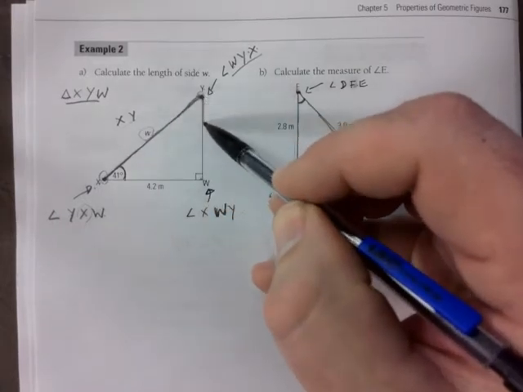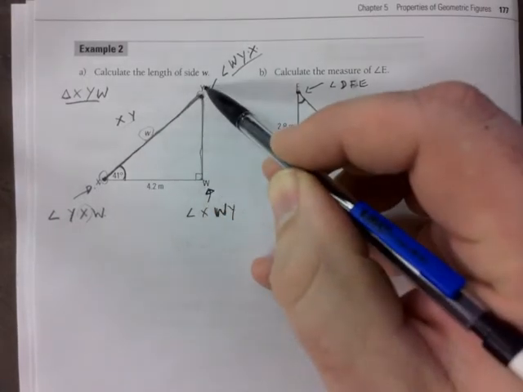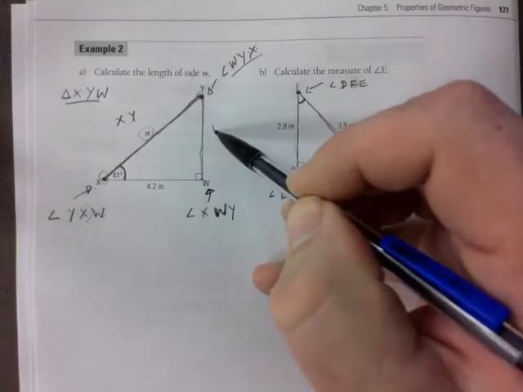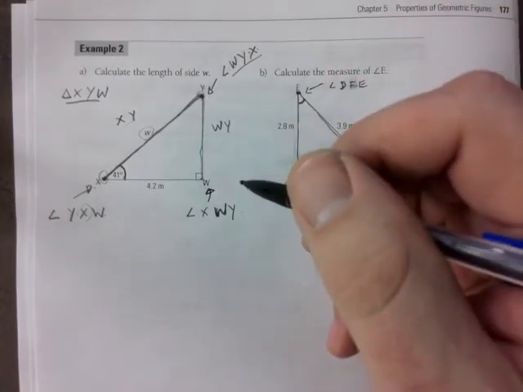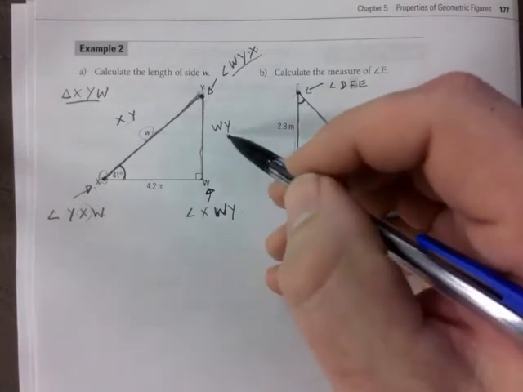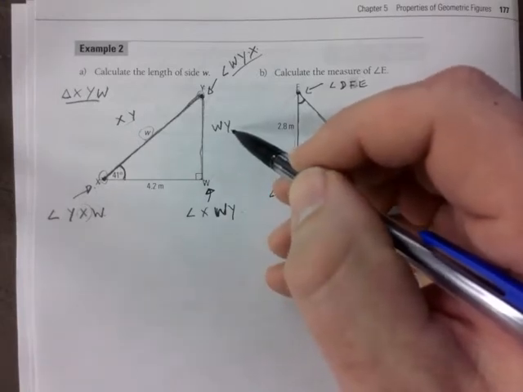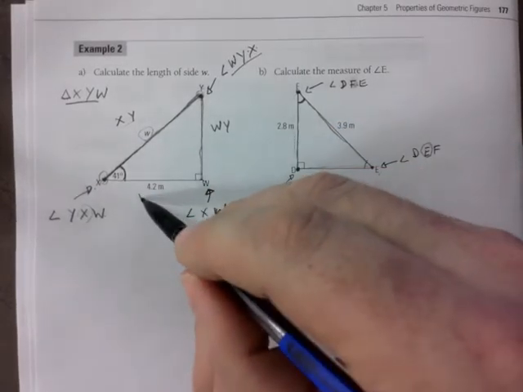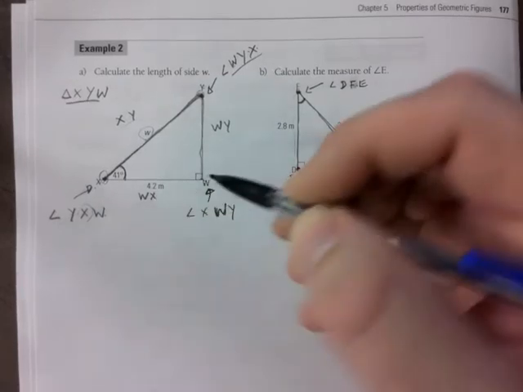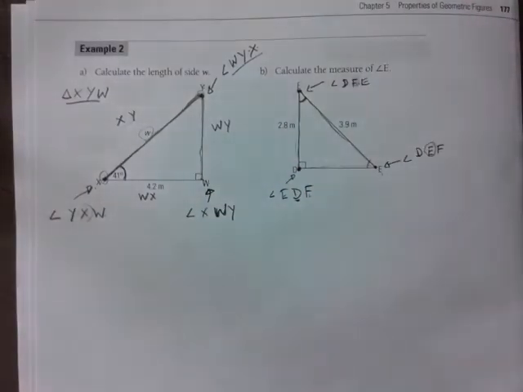From here to here, just read those two letters. How about we do Y? Or whatever you want it to do. And then XW, WX, two-letter notation. It's just the stretch between those two points.